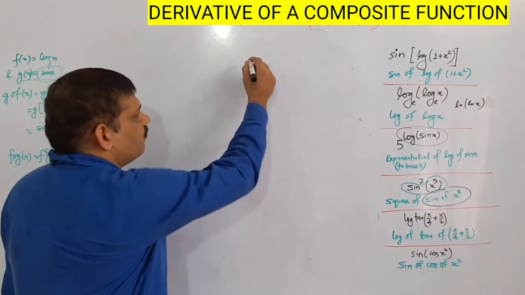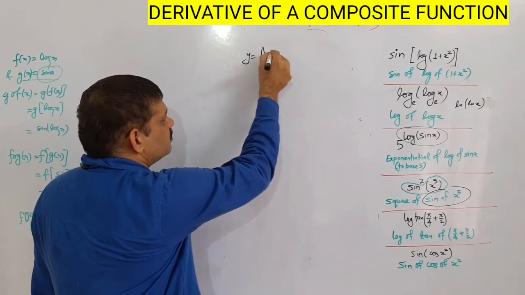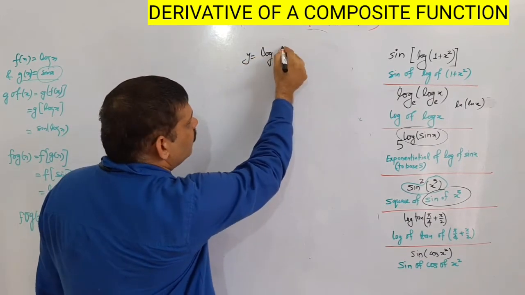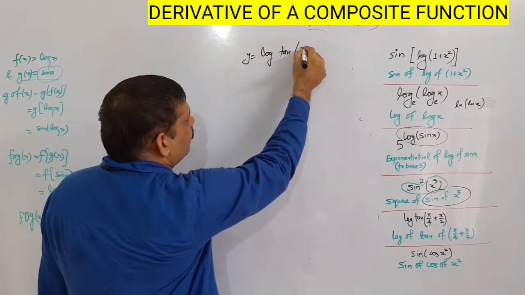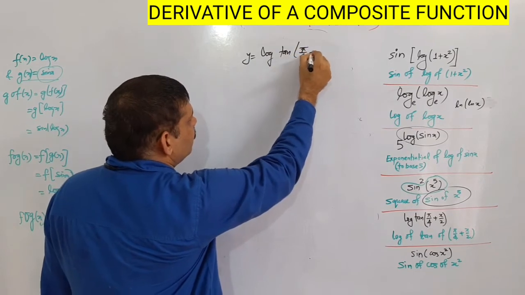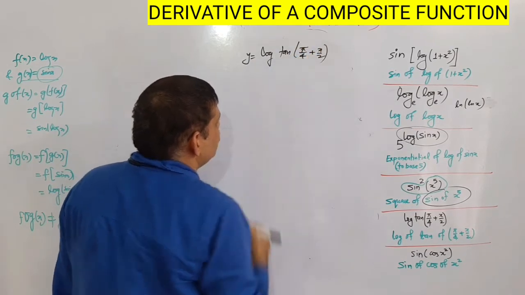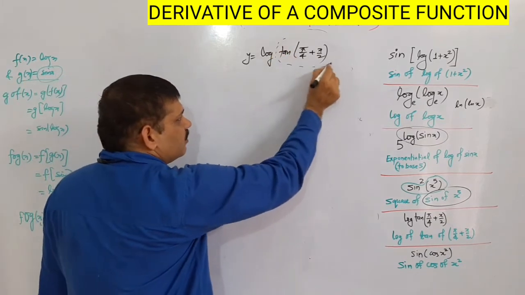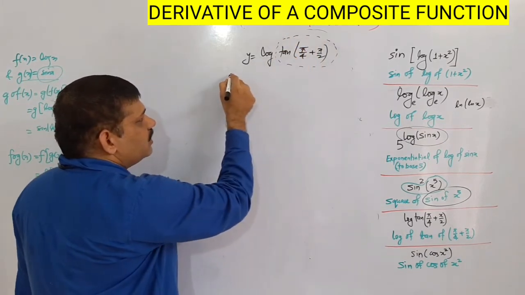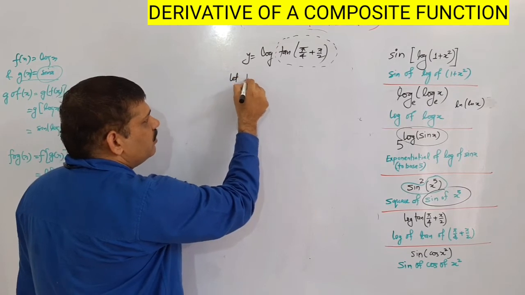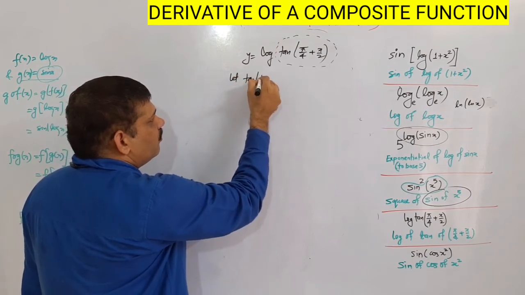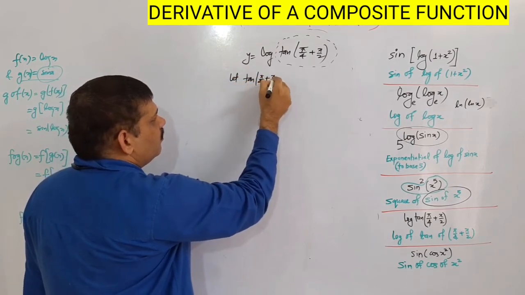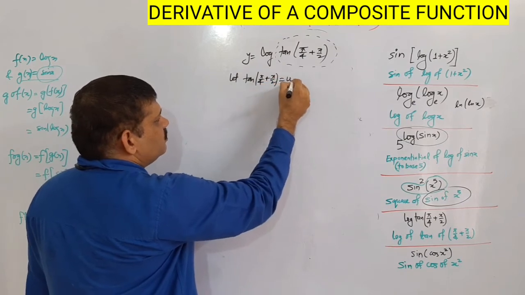So y is log of tan of pi by 4 plus x by 2. It is treated as log of some variable, so this will be treated as u. Let tan of pi by 4 plus x by 2 be u.